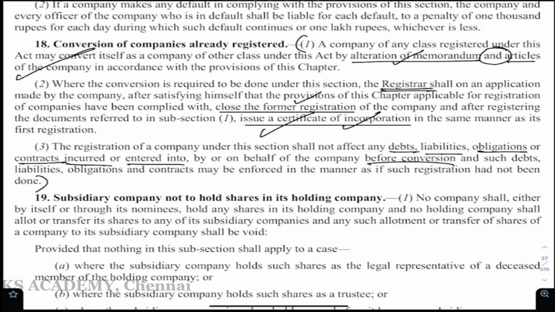First you need to change MOA. Then you need to go for AOA. That's why I always write MOA and AOA, not AOA and MOA.